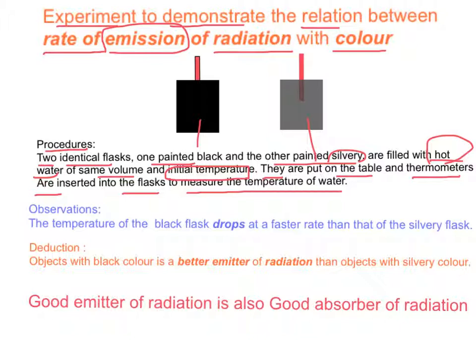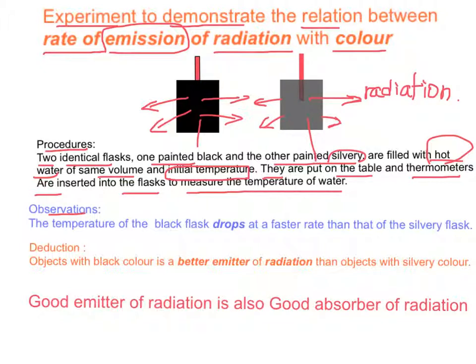What are the observations? Since the temperature of the hot water is higher than the temperature outside, the hot water inside both flasks emits radiation to the surroundings. It is found that the temperature of the black flask drops at a faster rate than that of the silvery flask. What can be deduced from the experiment?